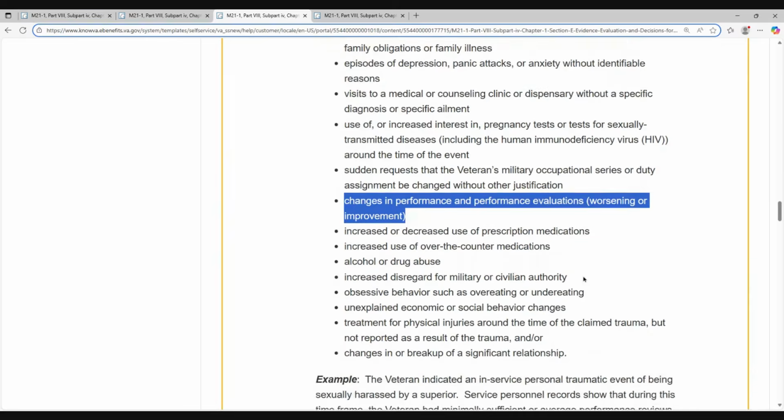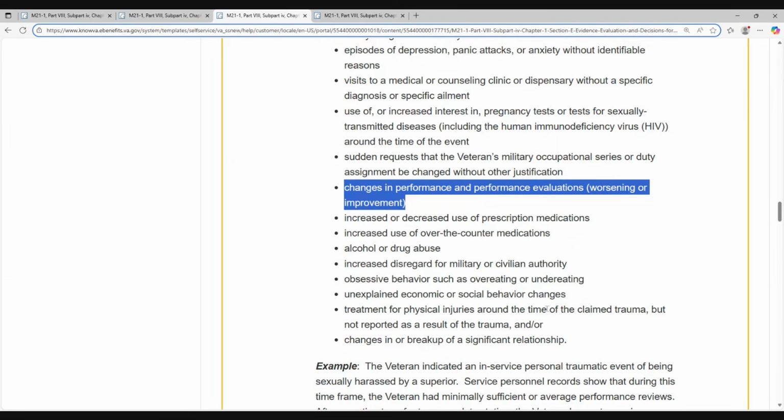And you remember the example from earlier where the mother did a personal statement and said something to the effect that the person on person crime happened. It doesn't even have to be that specific. It could just be that my daughter or my son started calling home more often after this time, saying they hated the military and didn't want to be there anymore. That can be a marker.